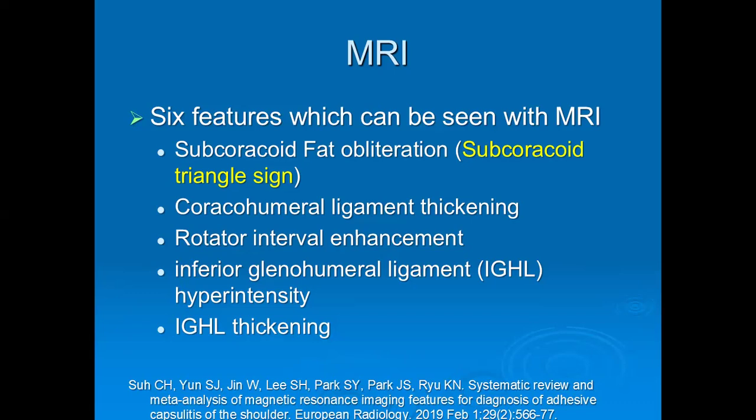Another abnormal feature on the MR is thickening of the coracohumeral ligament. Similarly, there is thickening of the rotator interval, and there is hyperintensity and thickening of the ligament complex, specifically the axillary recess or the axillary pouch.